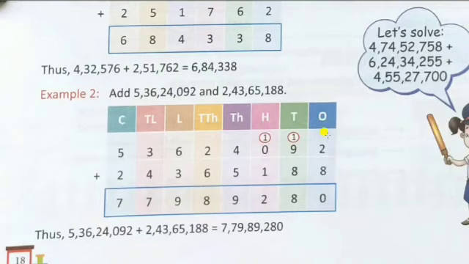So first we have to add 2 and 8. It becomes 10, which is a 2-digit number. So again we follow the regrouping process. In 10, 0 is the ones place digit, so we write 0 here, and 1 is the ten value. So 1 ten will be taken to the next column as remainder.